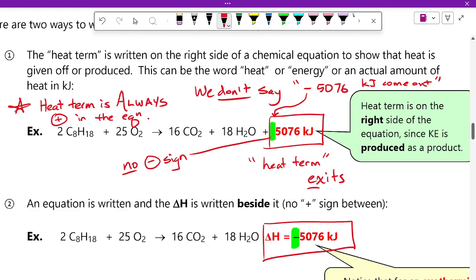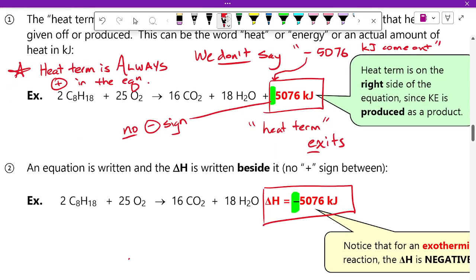It's only when you write it as a delta H that it needs a sign.